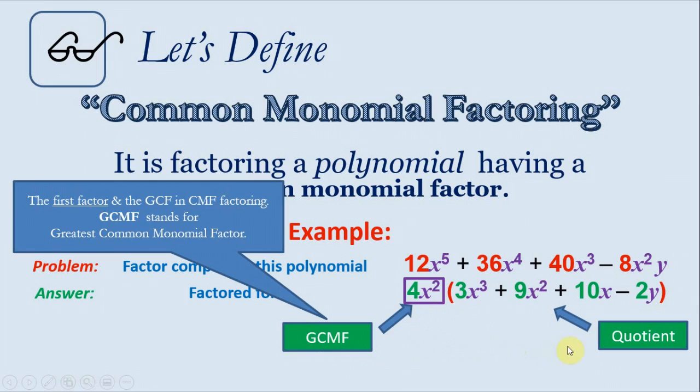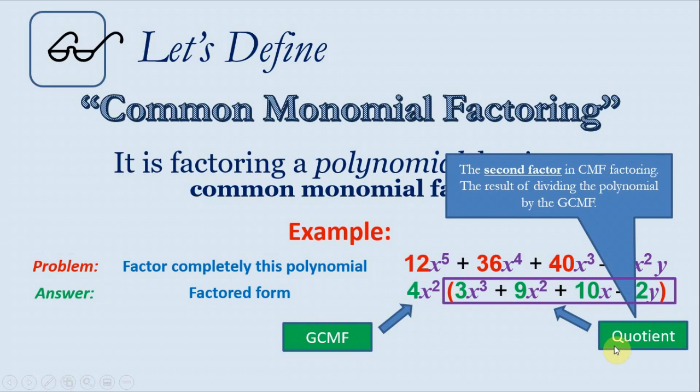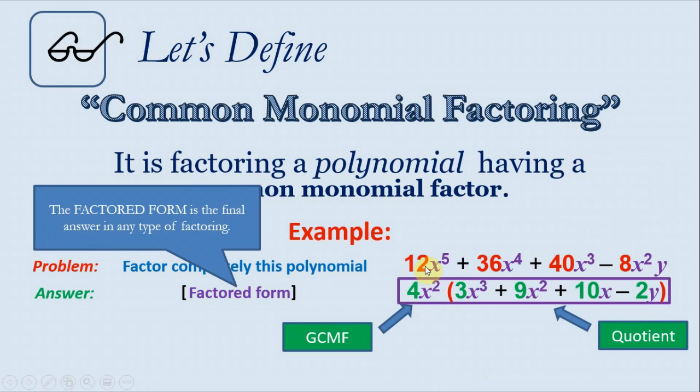What about the quotient? The quotient is the result of dividing the original polynomial by the GCMF. For instance, let us divide the numbers. 12 divided by 4 is 3. 36 divided by 4 is 9. 40 divided by 4 is 10.